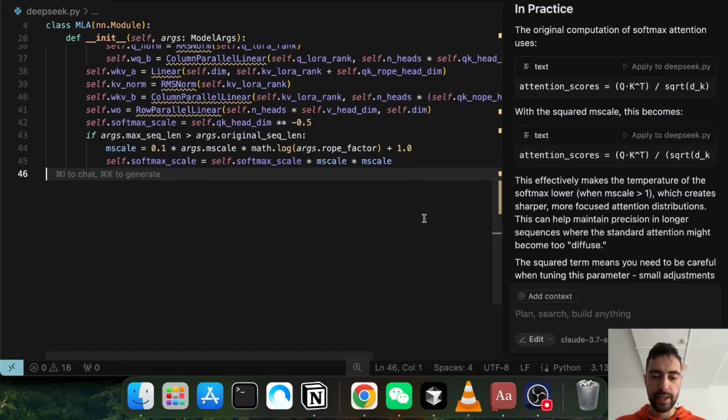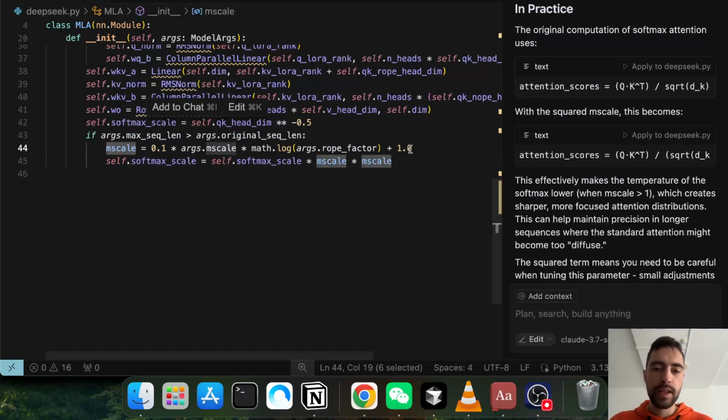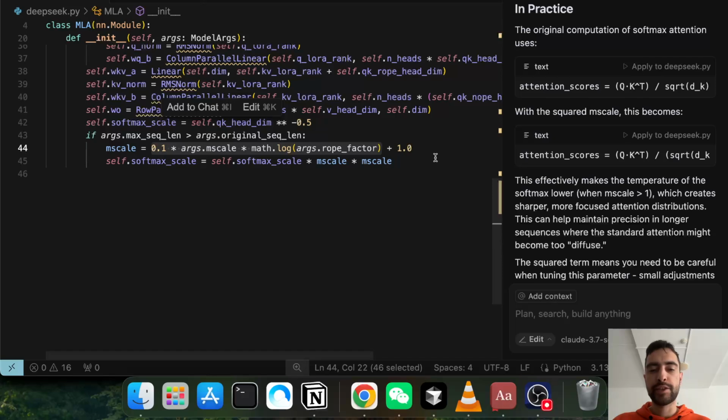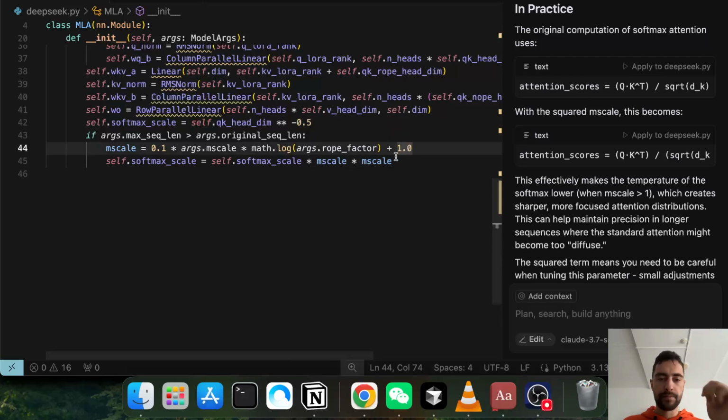So let me recap. Here we have this m scale. We have +1, meaning that whatever number we get here, it's going to be over 1, which means that when we are squaring it, it will make attentions more peaky. So we are calculating how much over 1.